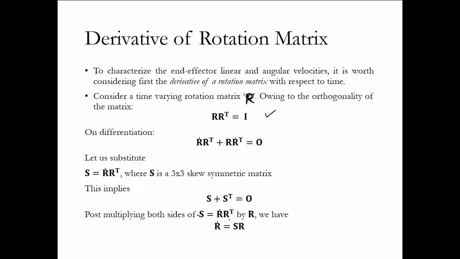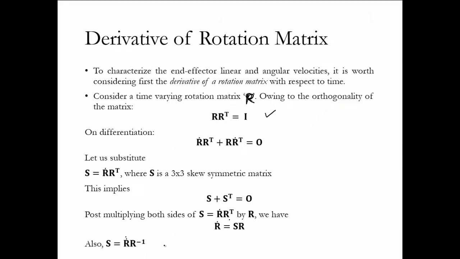So R dot is actually equal to S into R, the matrix S multiplied by matrix R. So we have now got the time derivative of the rotation matrix as a multiplication of two matrices, where S is a skew symmetric matrix and R is that rotation matrix which was already used at the position level. Also you can say that S is equal to R dot R inverse.